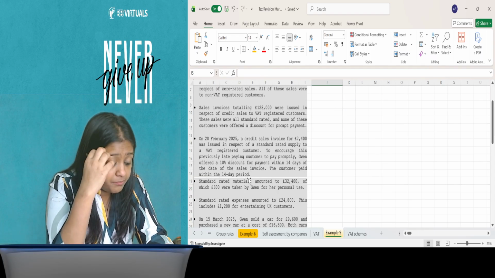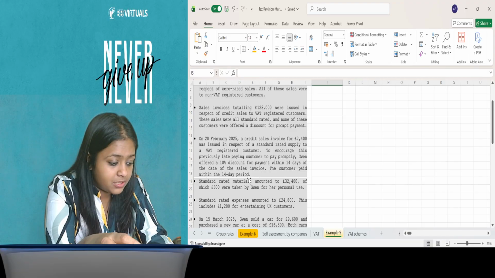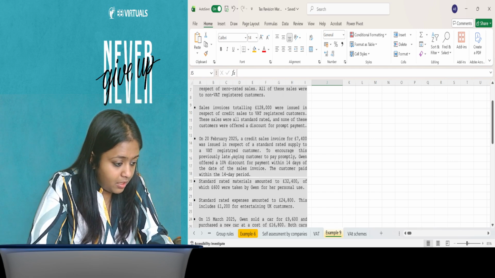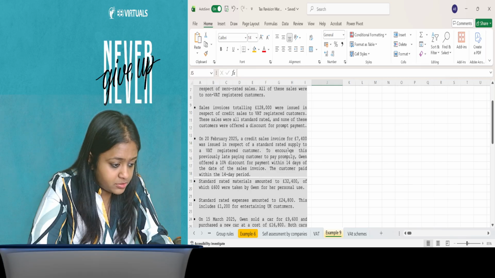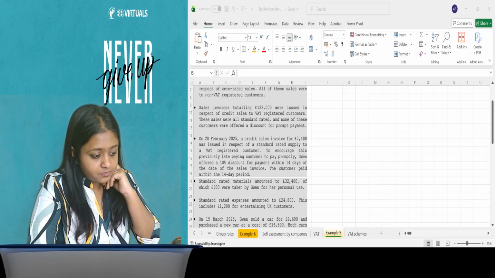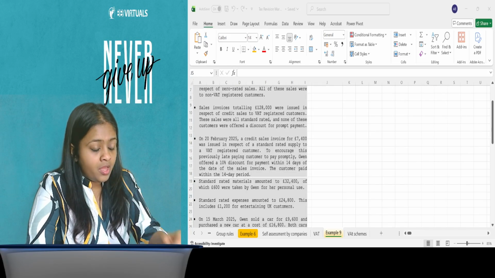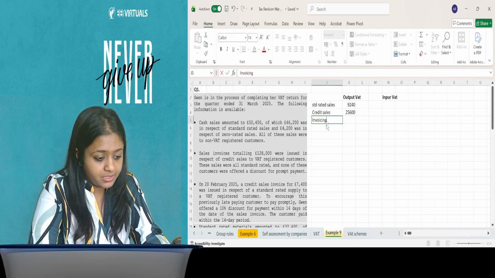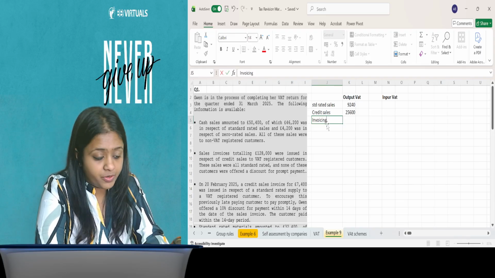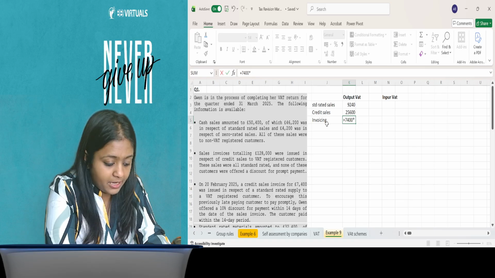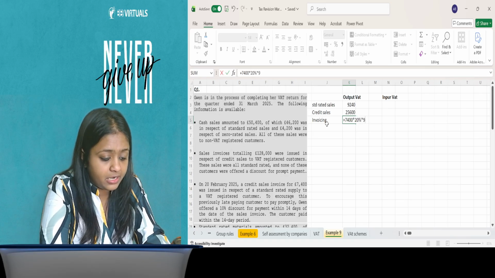Let's read it again, because we have to see whether I should multiply it with 90% or not. Credit sale invoice of 7,400 was issued to encourage this previously late paying customer. No, we will take the invoice at full value and we will do a credit note. So at the time of invoicing, we will do 7,400 multiplied by 20% and multiplied by 100%.